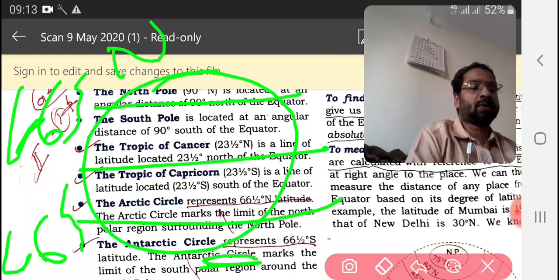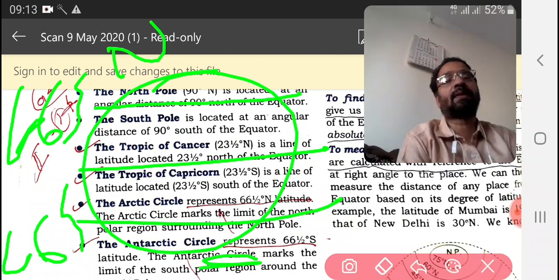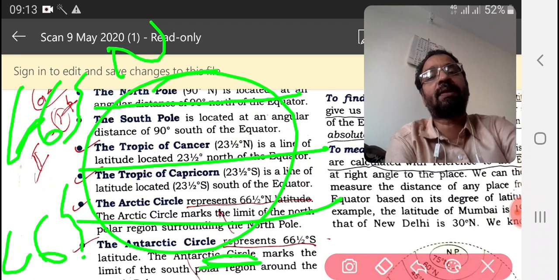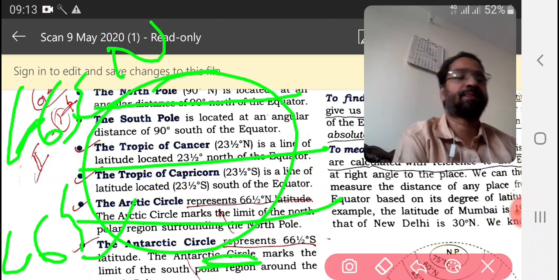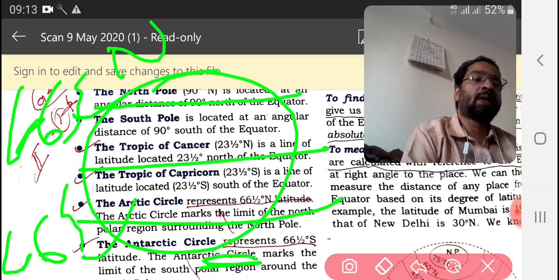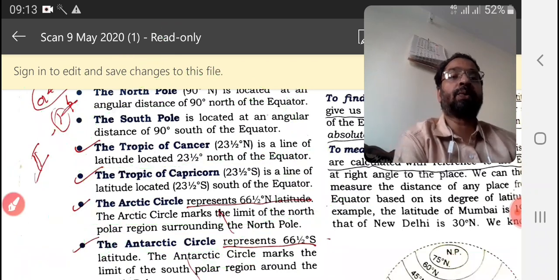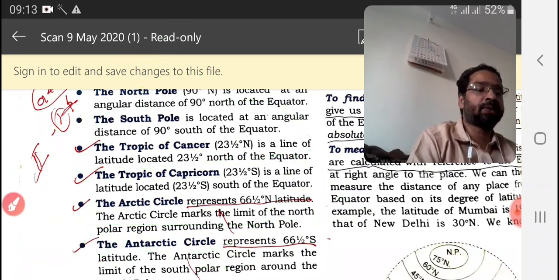Both are polar circles, one at 66 and a half north as well as one at 66 and a half south. And what are these? Main latitudes. These are the main latitudes.